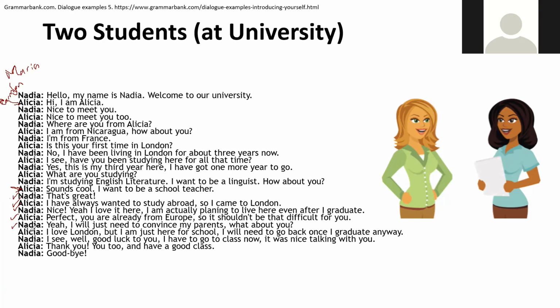Yeah, I will just need to convince my parents. What about you? I love London, but I'm just here for school. I will need to go back once I graduate anyway. I see. Well, good luck to you. I have to go to class now. It was nice talking with you. Thank you. You too. And have a good class. Goodbye. Bye.